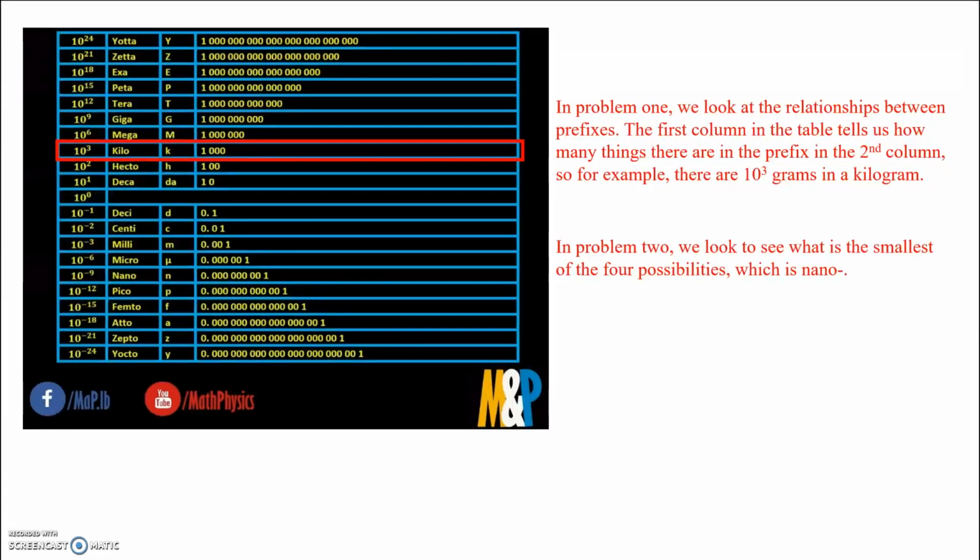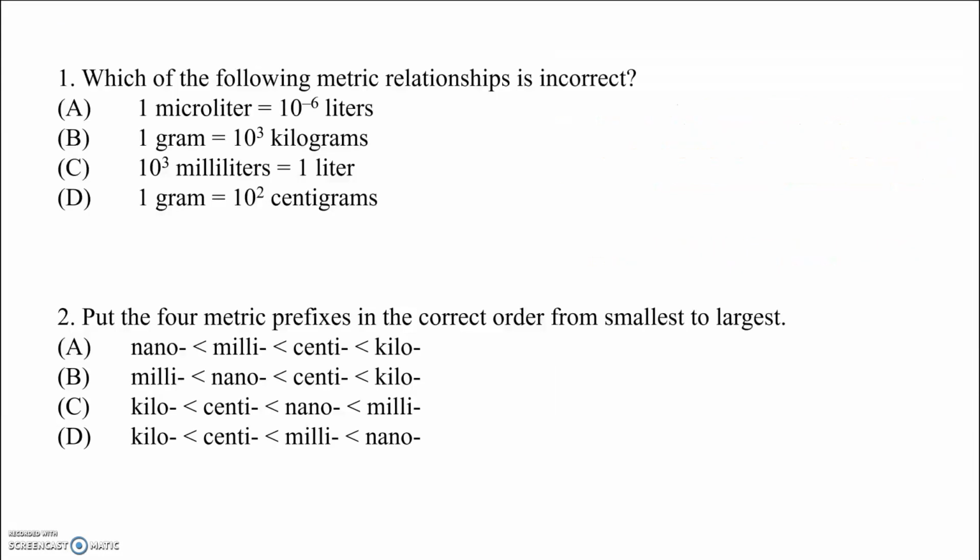In problem 2, we're going to look to see which is the smallest of the 4 possibilities listed. And when we look at those 4, we get nano. We've got a few other choices to pick from. So now we know we can refer back to this chart when we look at the question again. So now we can see that in fact there are 10 to the minus 6 liters in a microliter.